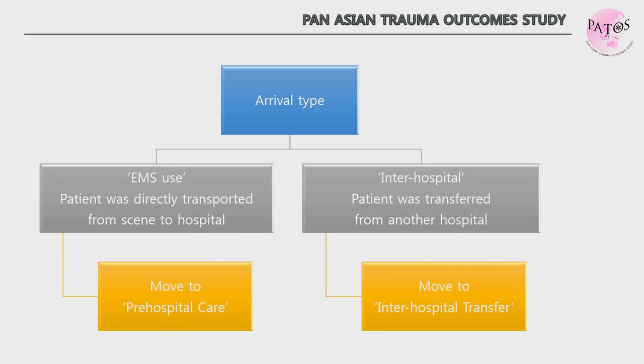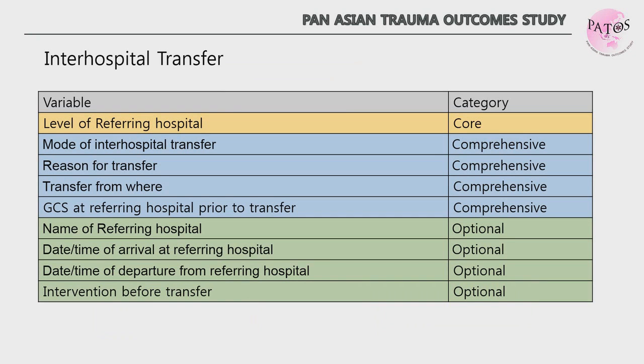As we went over earlier, we're going to collect information on inter-hospital transfer for patients who were transported from other hospitals. This would be a case if a patient visited another hospital prior to arriving at your hospital. A core variable for the inter-hospital transfer section is the level of referring hospital.